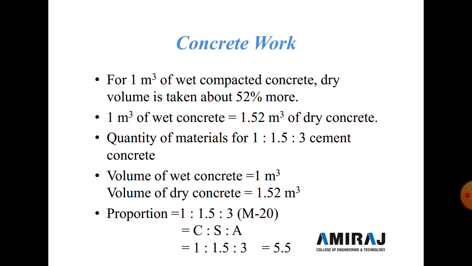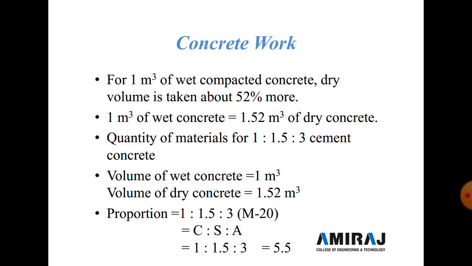Now next we calculate concrete work. For 1 meter cube of wet compacted concrete, the dry volume is taken 52% more. Clear? So if we calculate 1 meter cube of wet concrete, we add 1 plus 52% of 1. Clear?